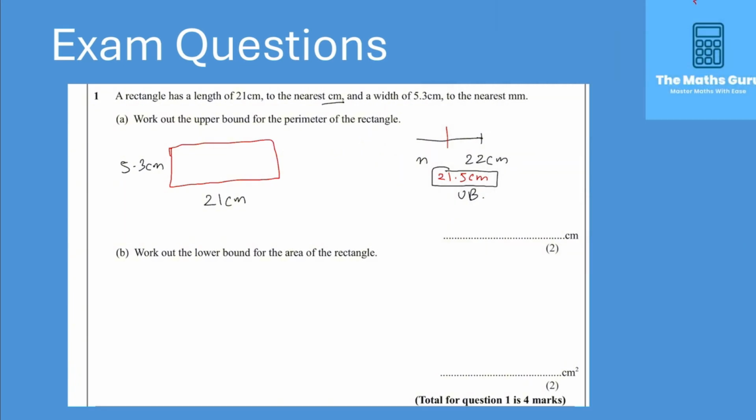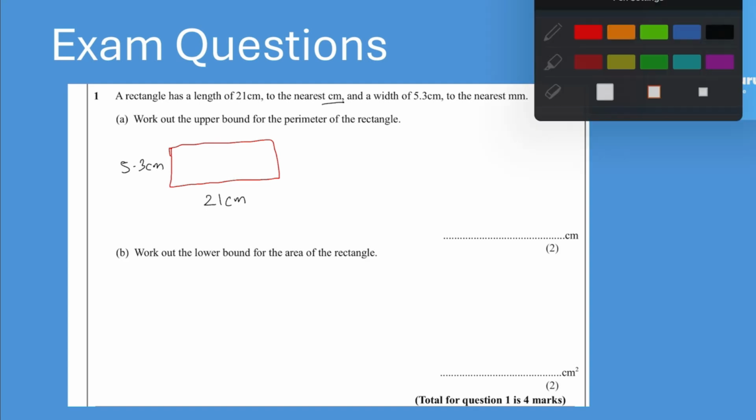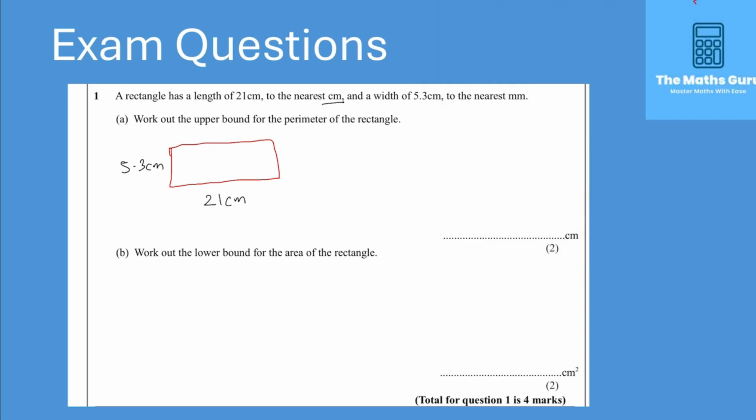Okay. Now, looking at our width, we are told the width of the rectangle is 5.3 centimeters. I'm going to convert this into millimeters because the question talks about it being to the nearest millimeter. So for simplicity, 53 millimeters is more suitable.